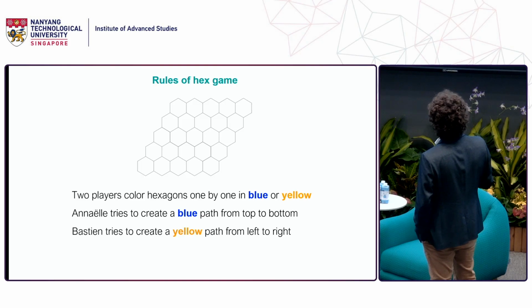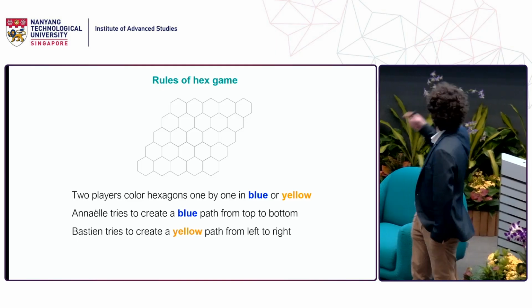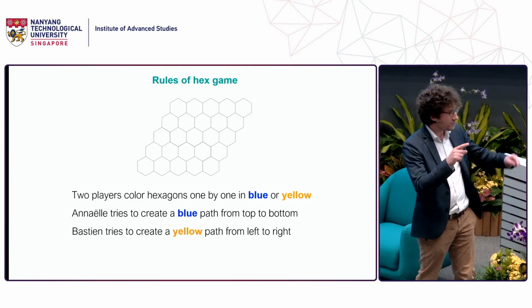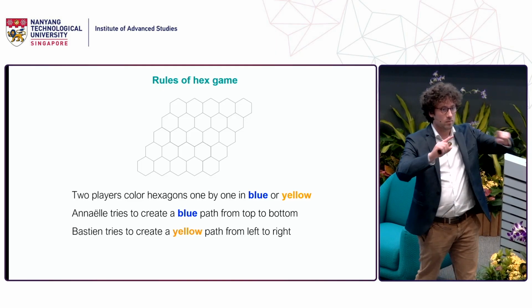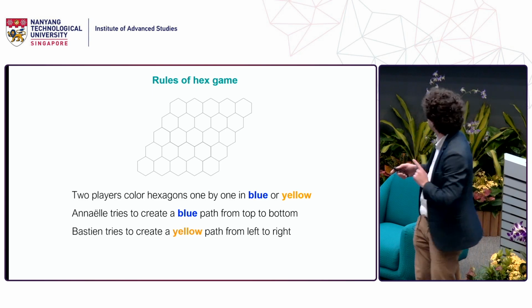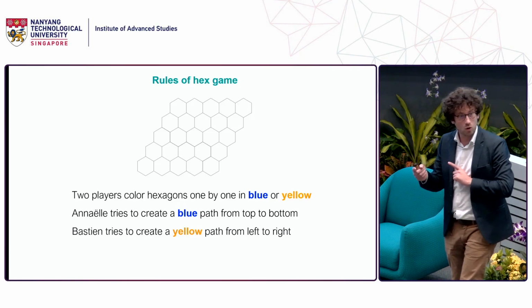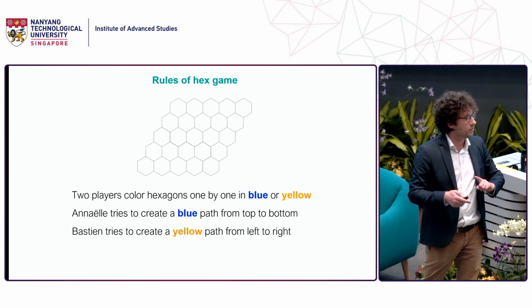So what is going to happen is that Anaëlle is going to color hexagons in blue, Bastien in yellow or orange, okay? And they do it one after the other. And the goal for Anaëlle is to create a blue path from top to bottom. The goal for Bastien is to create a yellow path from left to right.